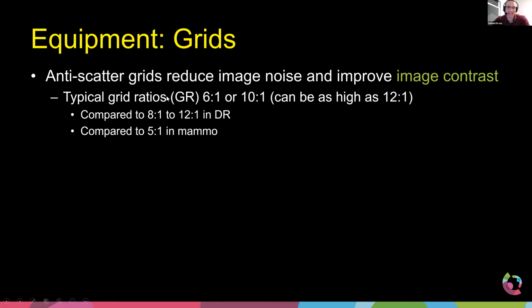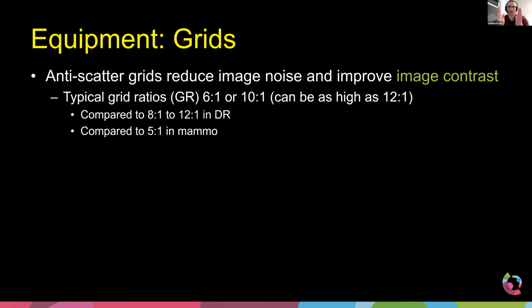When you compare the types of grids in these main three X-raying systems, fluoro units are kind of right in the middle. When you look at the ratio, it's the ratio of the amount of grid lines to the grid spacing, so the place where the radiation can get through.